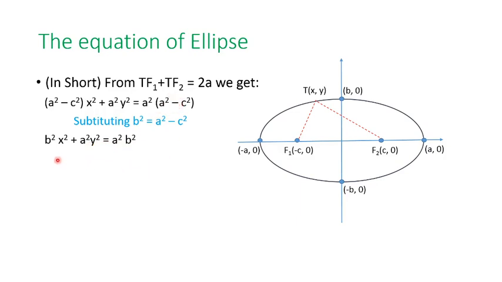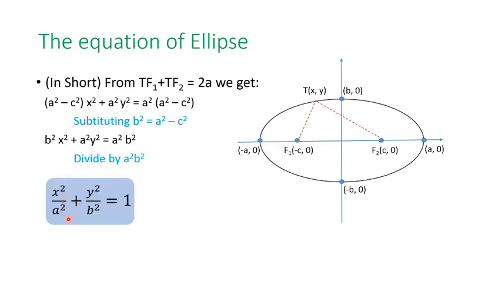Then I can divide all terms by a squared b squared and have x squared over a squared plus y squared over b squared equals 1. So that is the equation of the ellipse. And this kind of ellipse is a horizontal ellipse, as you can see here.